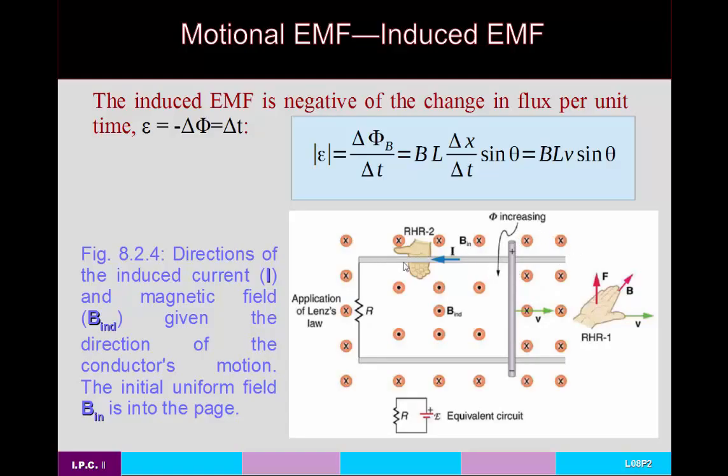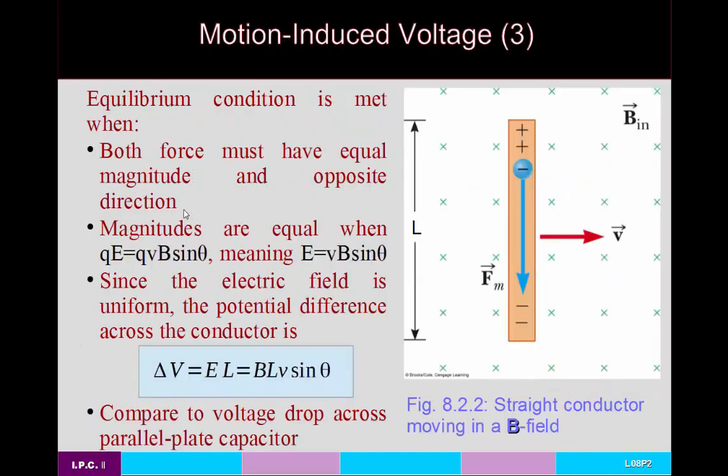Again, in this particular diagram, because the magnetic field and the velocity are actually shown as perpendicular, the sine of theta term would be equal to 1, and so you just have that the induced EMF is BLV. And this is in fact consistent if we go up a couple slides to the motion-induced voltage.